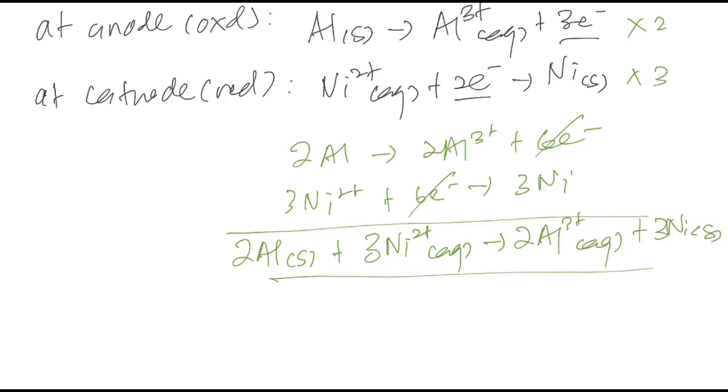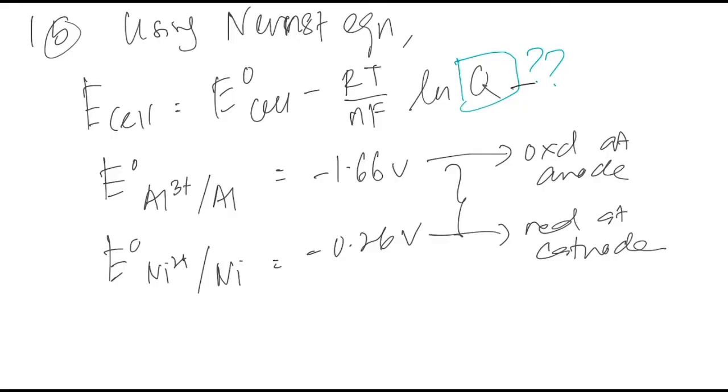This is the overall cell reaction, and it is important. We need the overall cell reaction to write the Q of the Nernst equation.